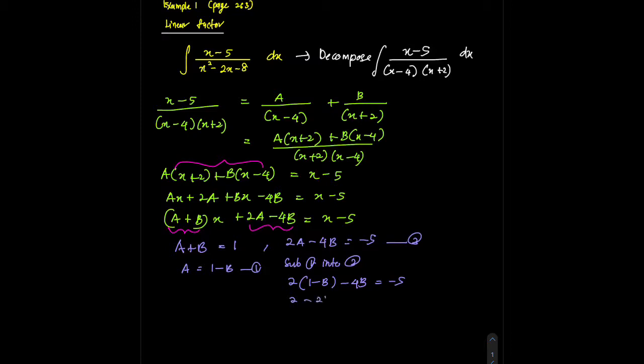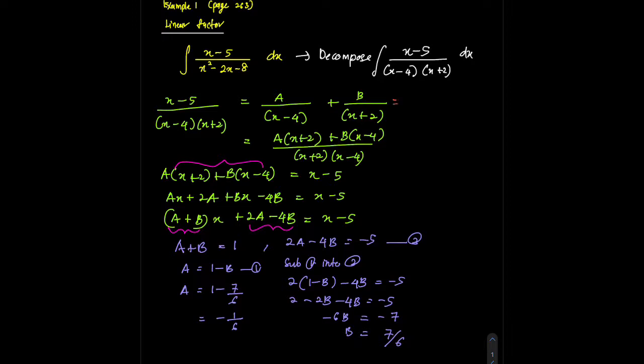Therefore, 2 minus 2B minus 4B is equivalent to negative 5. So negative 6B is equivalent to negative 7. Therefore, B is equivalent to 7 over 6. A is 1 minus 7 over 6, therefore A is equivalent to negative 1 over 6.